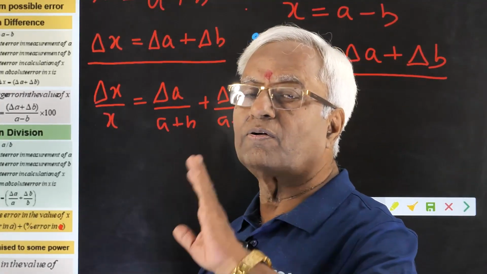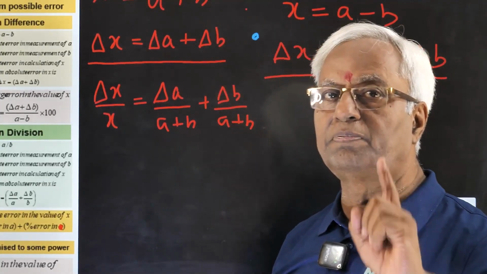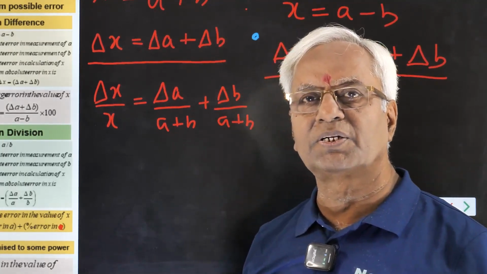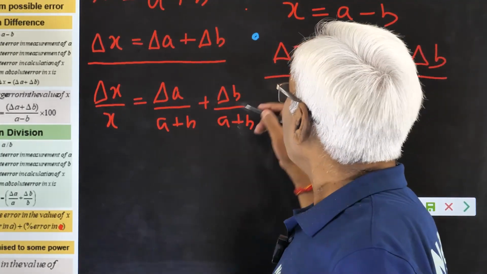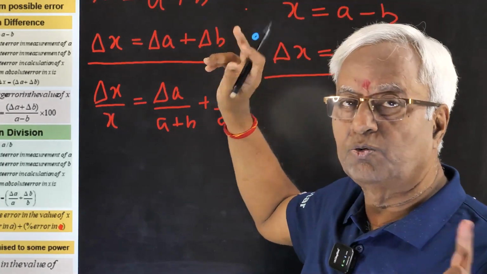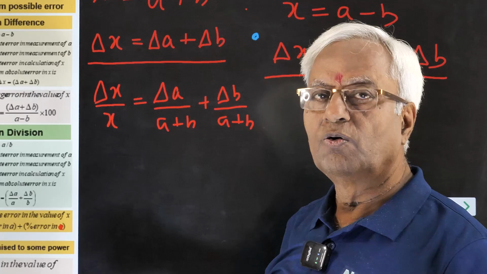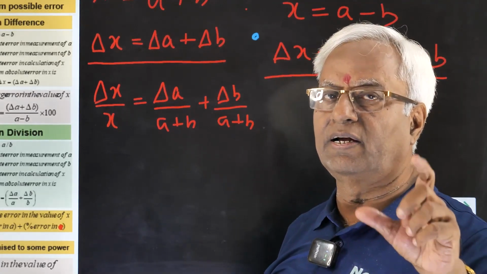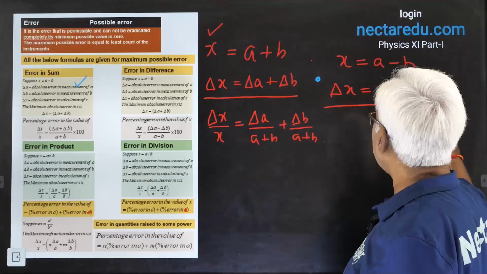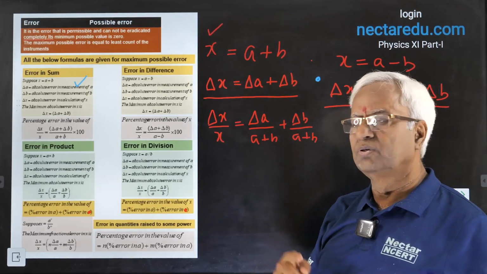Because I told you we are always concerned with maximum possible error, and maximum is possible only by the addition process. So even when there is a minus sign between the two quantities, while finding maximum possible error, we simply add the errors taking place in both.